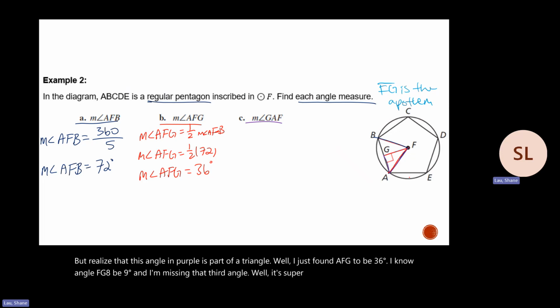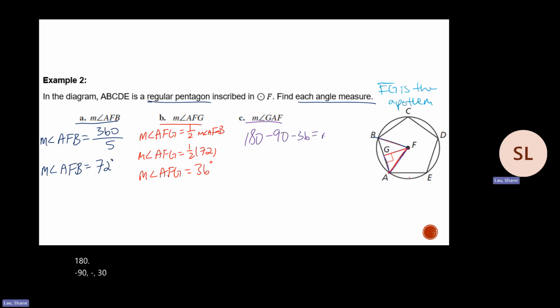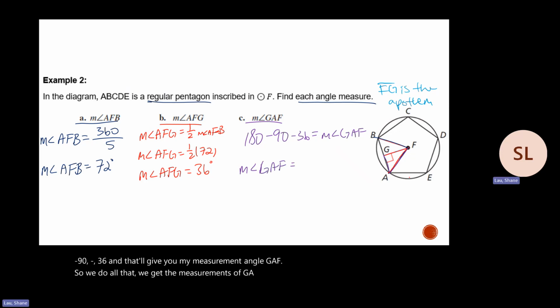We can just take 180 minus 90 minus 36, and that gives me the measurement of angle GAF. We get 50 degrees. I would say relatively simple.